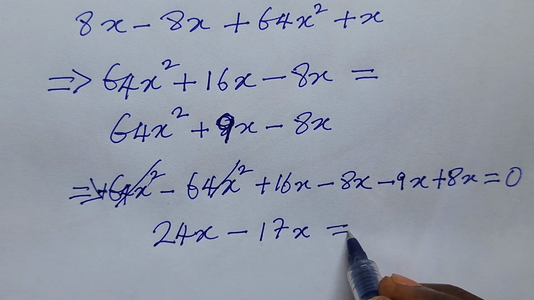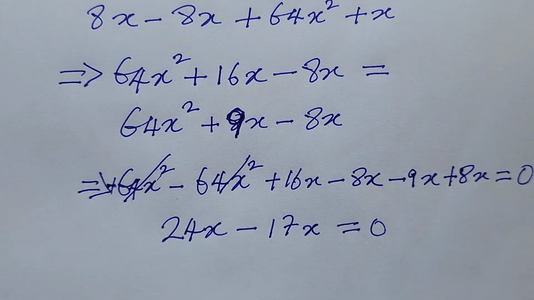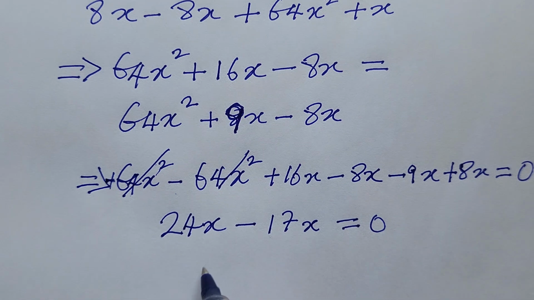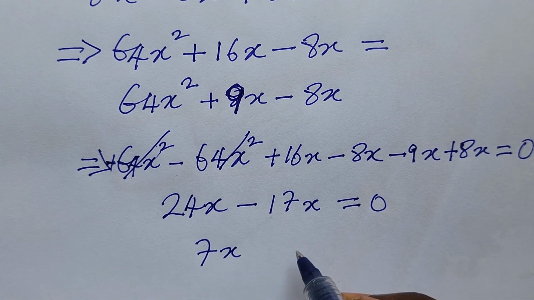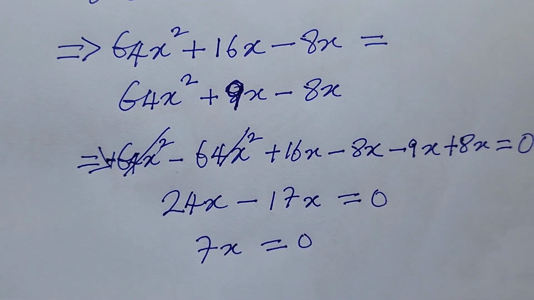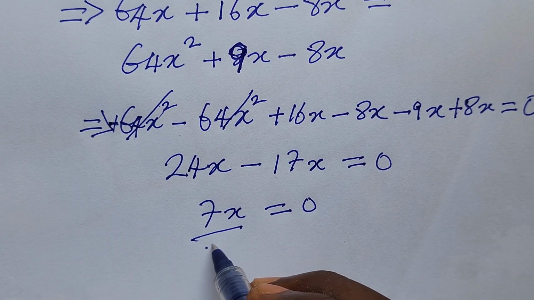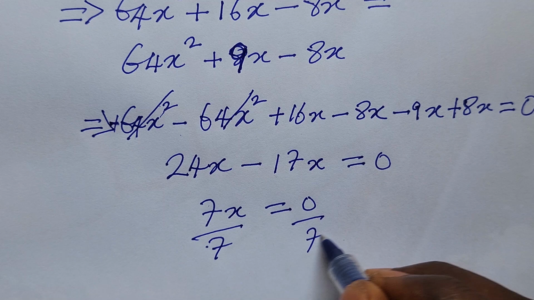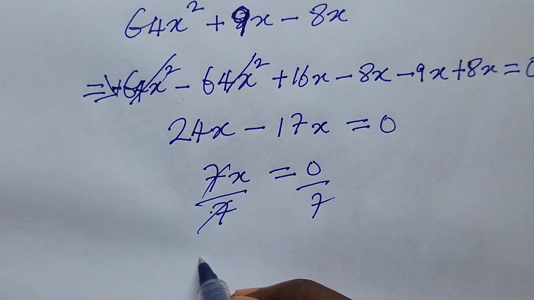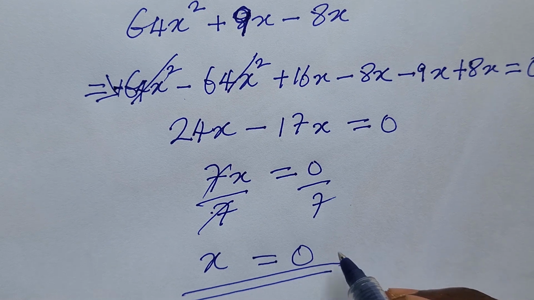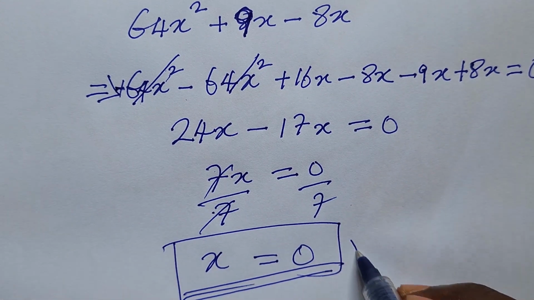So everything here is equal to 0. 24x minus 17x will give us 7x. So we have 7x equal to 0. We are looking for x, right? So we divide through by 7, cancel, cancel. So we have our x is equal to what? 0. So this is the final answer to this simple challenge.